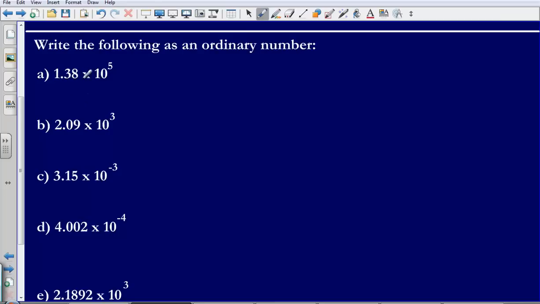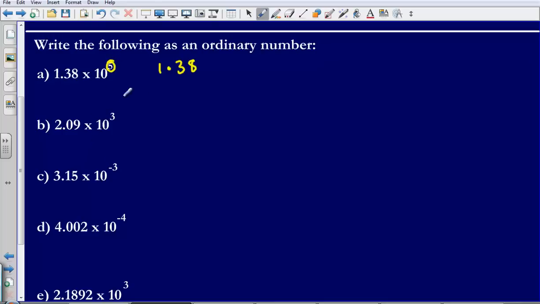Okay, so we've got 1.38 times 10 to the power of 5. We're given a number in standard form. What I'm going to do first of all is write out the number that comes at the beginning, 1.38. Then I'm simply going to move the decimal point by the power of 10.